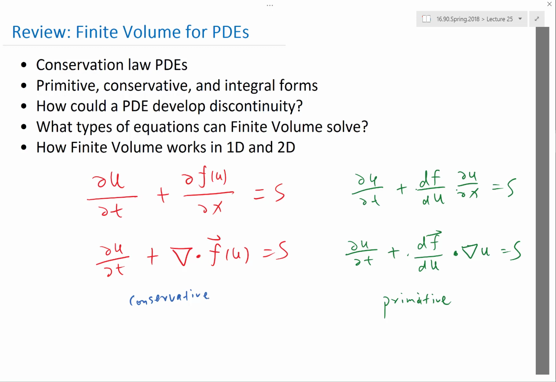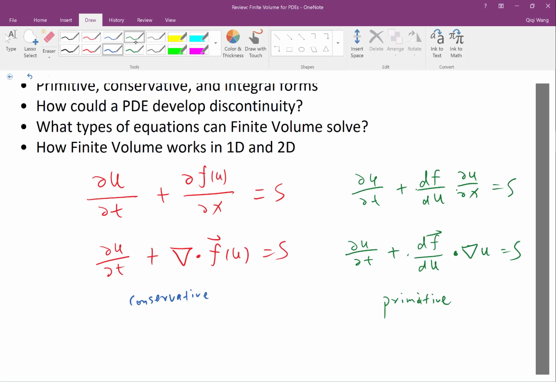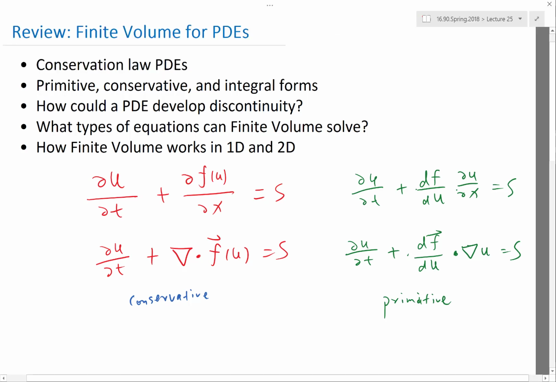Yes, at discontinuities in the solution. So the primitive form is useful in smooth regions of the solution and is useless at discontinuities. And the conservative form is actually not useful at discontinuities either, because it also involves derivatives.